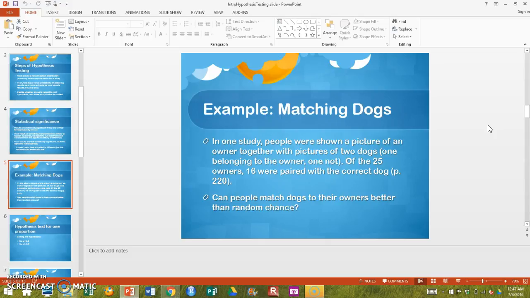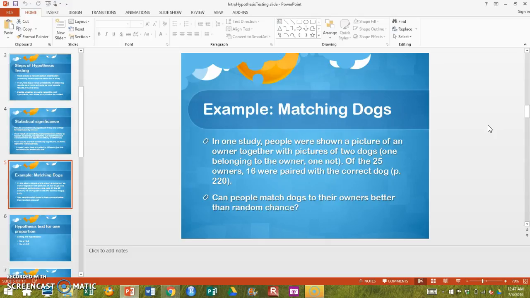So it was 1 owner, 2 dogs, and a study subject would need to pick the right dog between the 2 of them who belongs to the owner. So it's 50% as to whether or not just by random chance you would get it right. It's 50% probability.